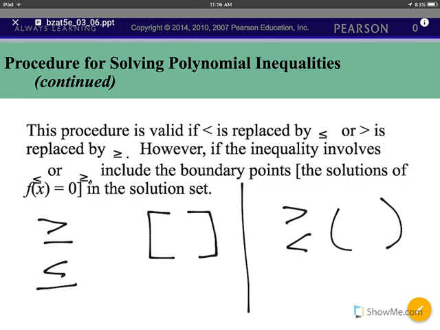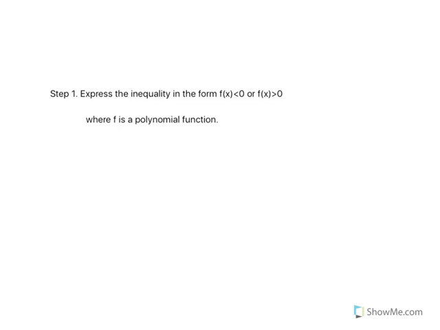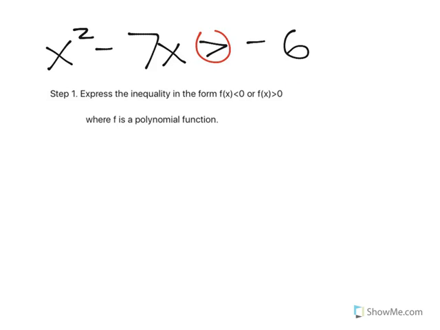All right, so let's put this to the test. Let's use a problem. So if we have the problem x squared minus 7x is greater than negative 6. Step 1 says express the inequality in the form of f of x is less than 0 or f of x is greater than 0. For this problem, they're using the greater than sign, so we will be using f of x is greater than 0.